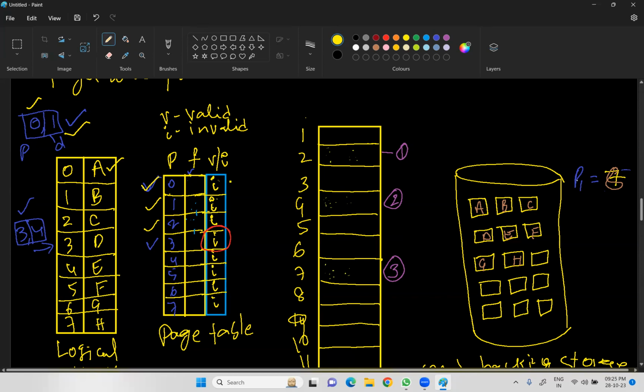After it is identified, does it check whether your allocated frames are free or not? Yes, these three are free right now. Therefore the 8th page is going to be loaded into this particular area, and A will be filled within this.